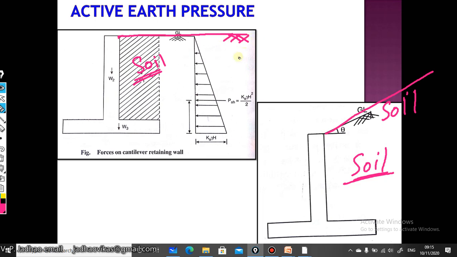So this is called a soil retaining wall with horizontal or level surface of backfill, whereas it is called inclined backfill.